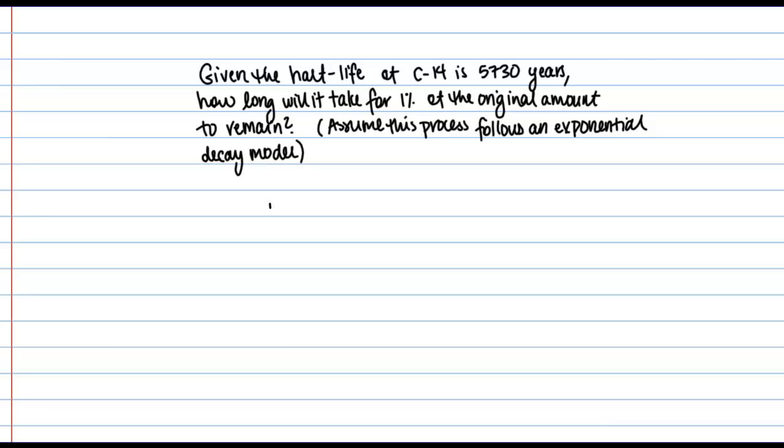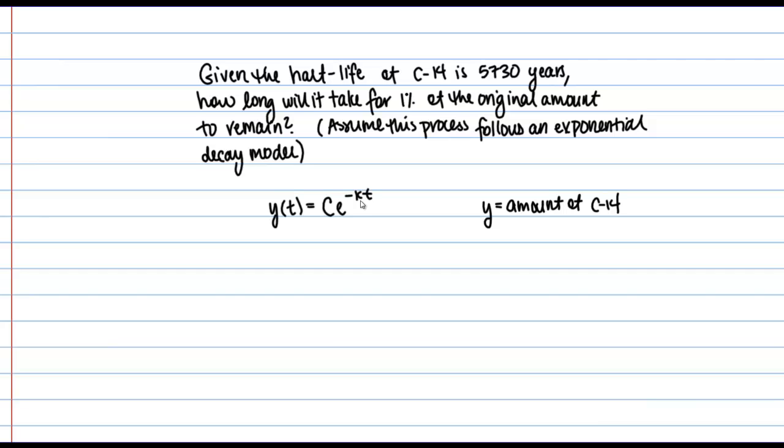So the first important thing is just to know the form for exponential decay. And that's going to look like this: y(t) = Ce^(-kt). Here y is whatever quantity we're interested in, and t is going to be time. So for us, y is going to be the amount of carbon-14, in whatever units, grams, whatever, it's not specified here.